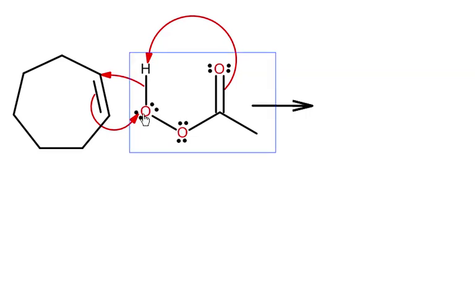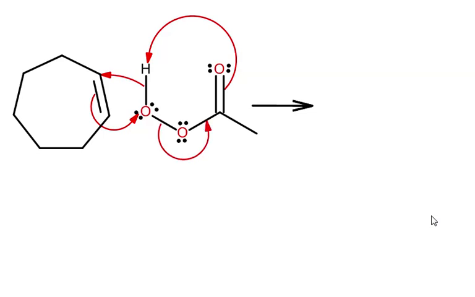Of course, this causes an octet problem for the oxygen, too many electrons. So the oxygen to oxygen bond, which is a very fragile bond anyway, breaks and the electrons swing round to plug in the gap left when that pi bond opens up. So we've got a concerted mechanism.